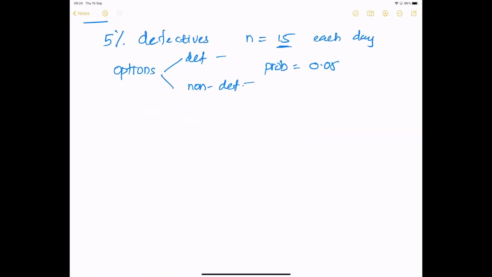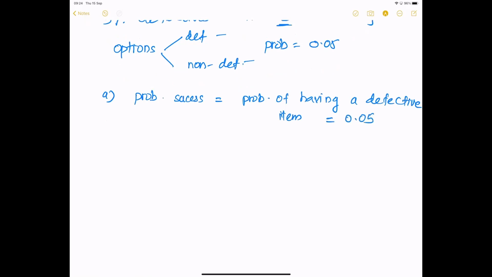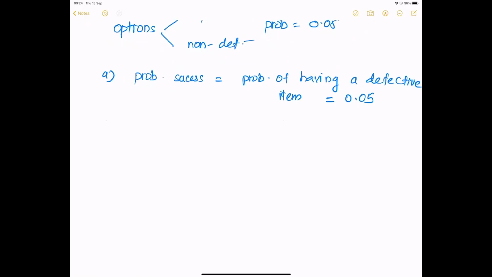So what is the probability that no defective items will be found on a given day, right? So the probability of success. Success is the probability of having a defective item, right? That is 0.05, right? Exactly one, right?